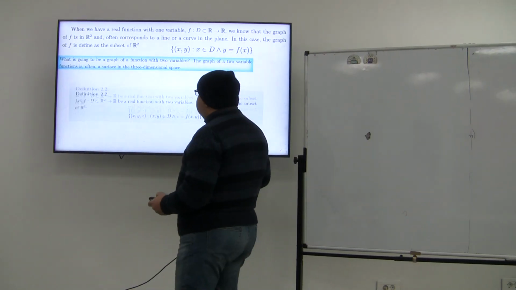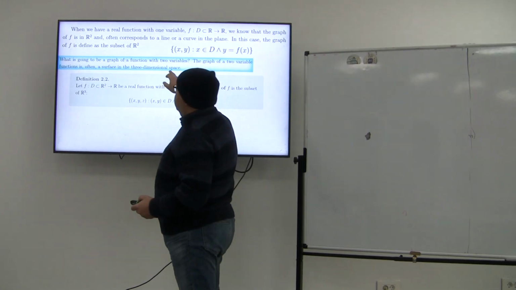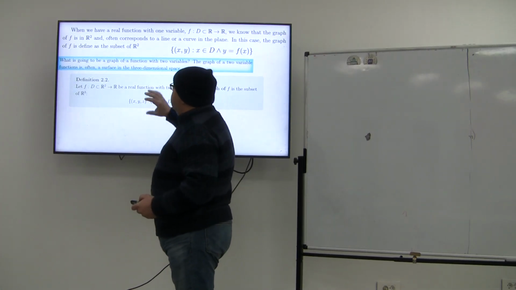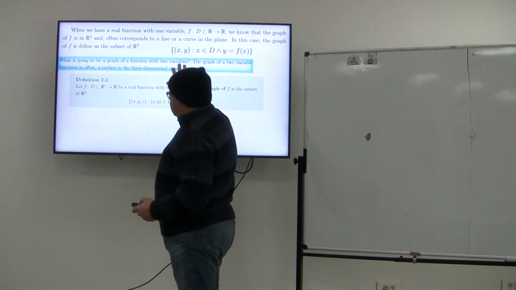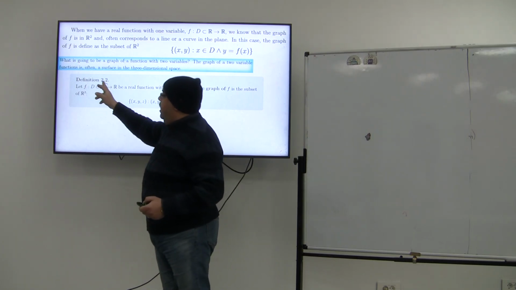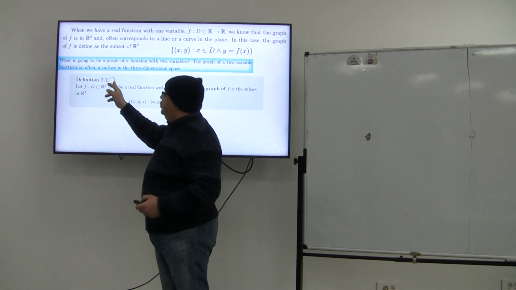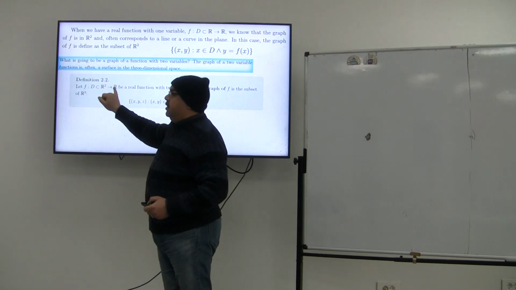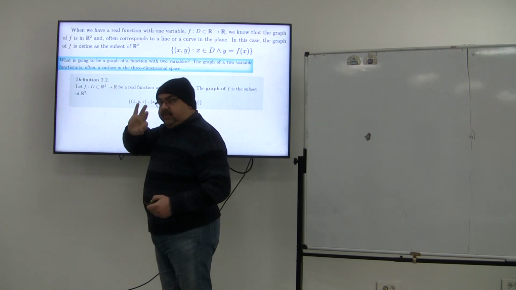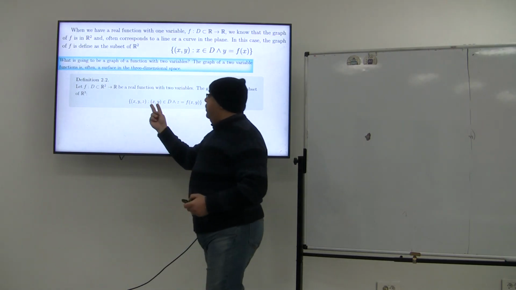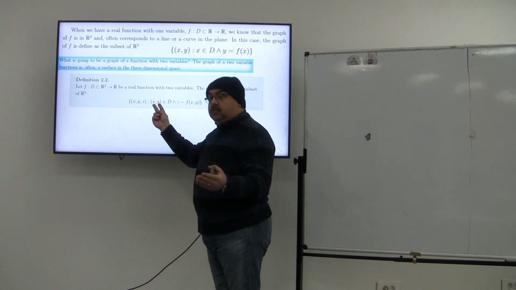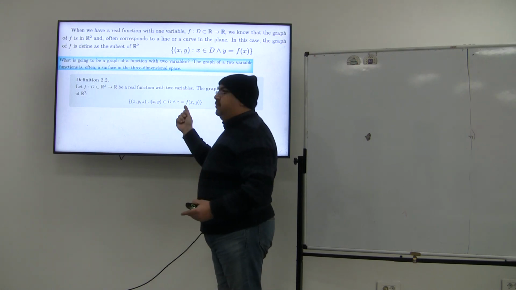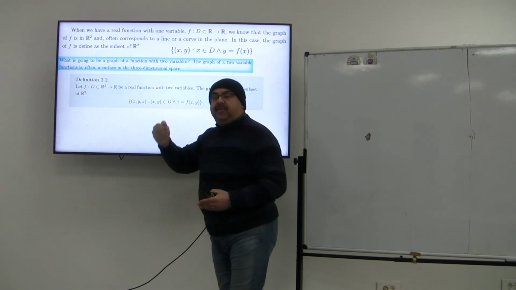So in this case, as I told you, we will be dealing with 3-dimensional space. So my case in this scenario is a function mapping from R2 into R. If you count the number of variables, you will find 3 variables. 2 of them are the input related to the domain of your function, and one of them is the output, which is the 3rd variable.